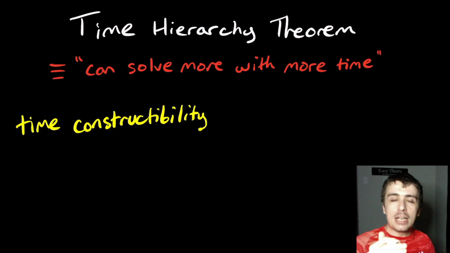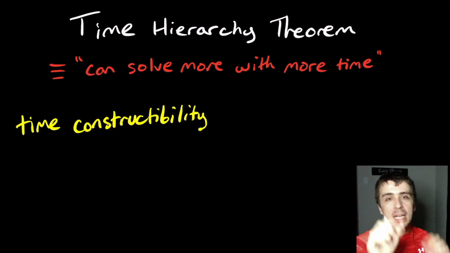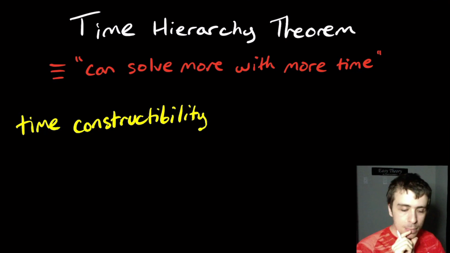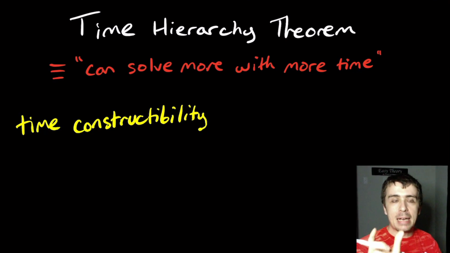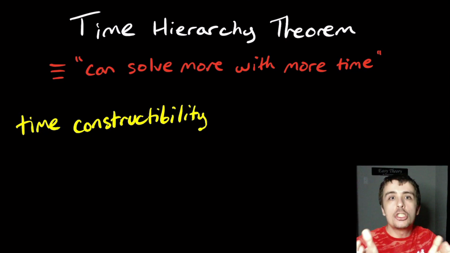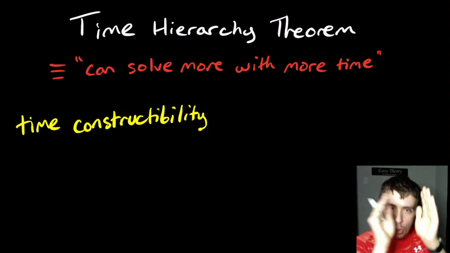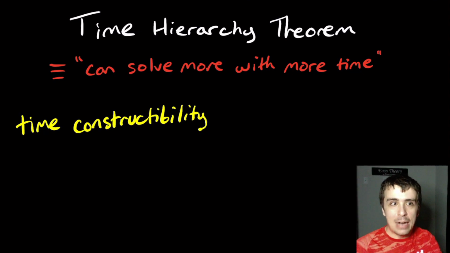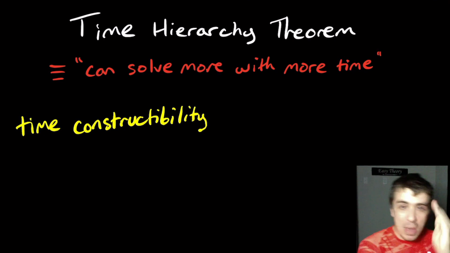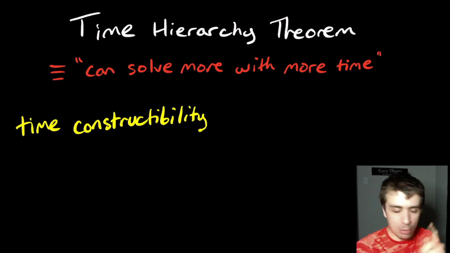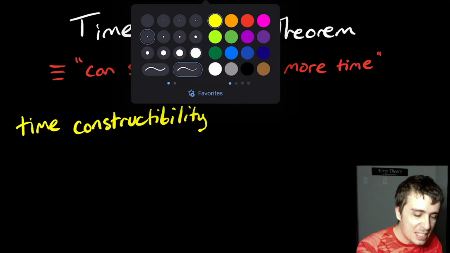So we need to actually figure out what the runtime is and update a counter. So in order to update the counter, we have to write down the initial amount of runtime that we're allowed to have on the tape. And that's what time constructibility is. Are you actually able to write the thing down on the tape within the time bounds? That's also important. You've got to be able to do it within the time bounds.